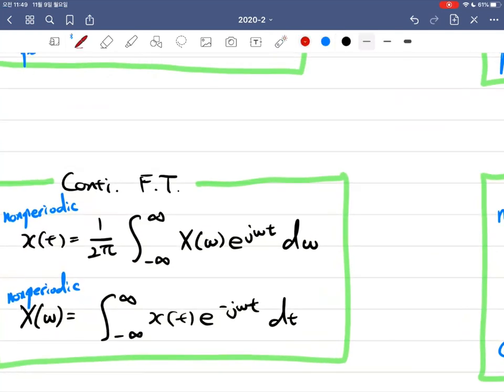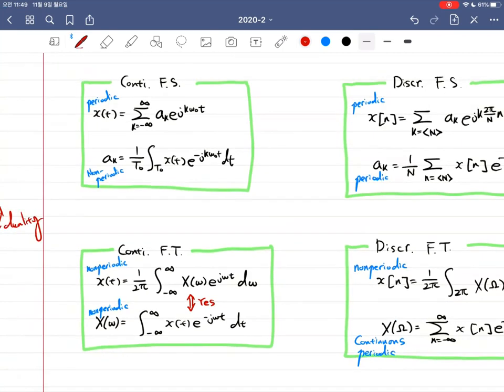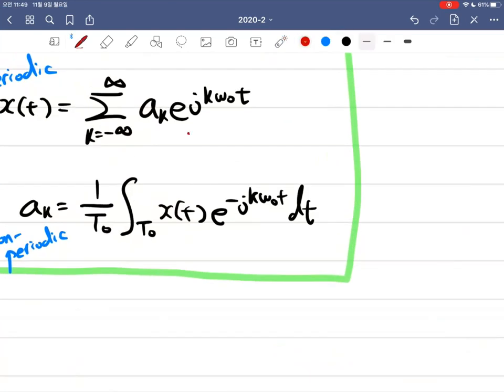So yes, this x(t) and X(omega) have a relationship of this duality. If you carefully look at these two, x(t) is made of the summation and a_k is made of this integration. So they cannot be in a duality relationship because of the summation and integral.